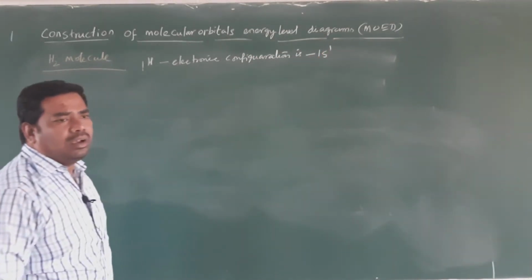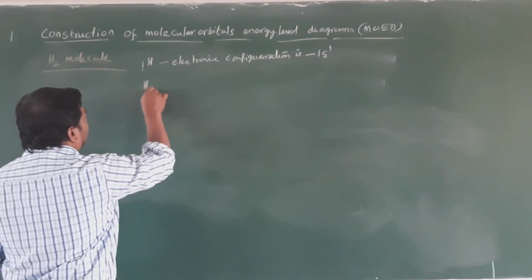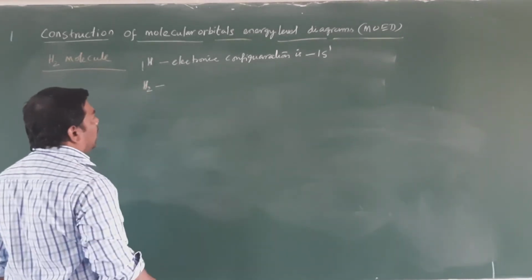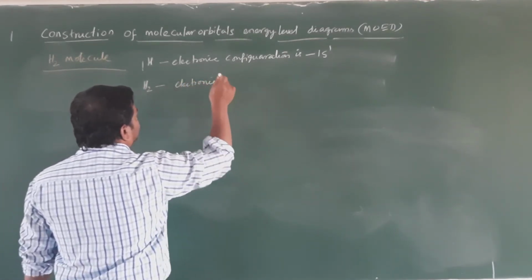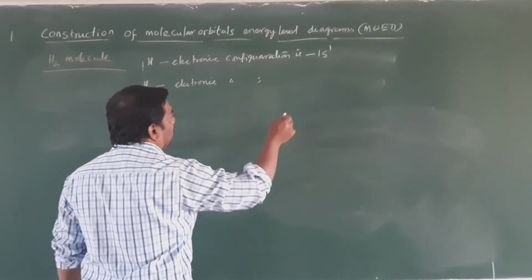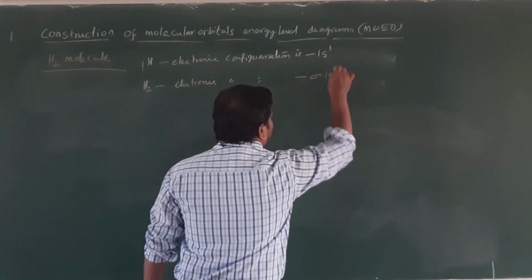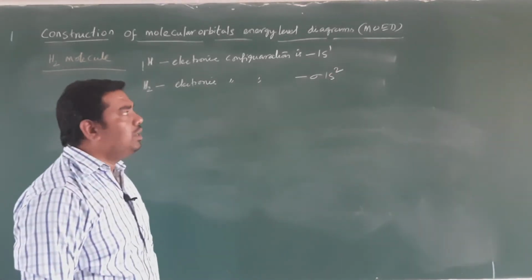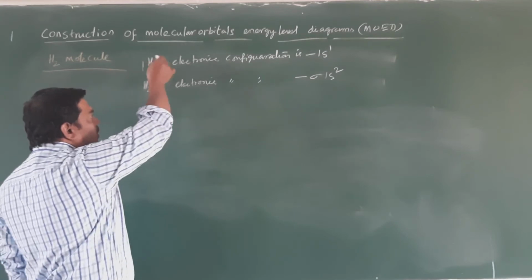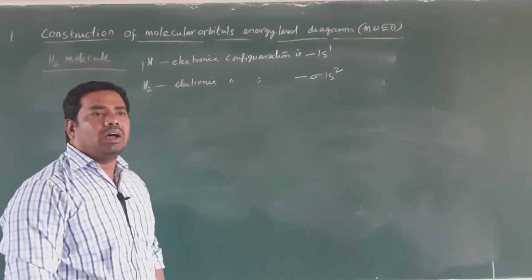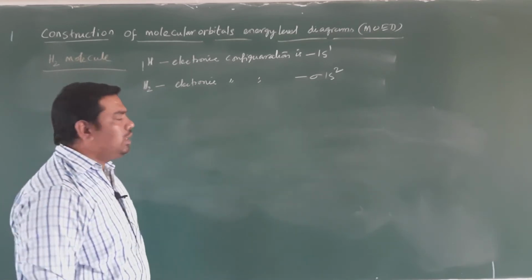The H2 molecule's electronic configuration, according to the energy order, is sigma 1s2, because the 1s orbitals of the two hydrogen atoms combine or overlap to form the H2 molecular orbital.